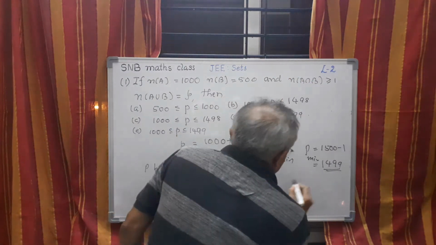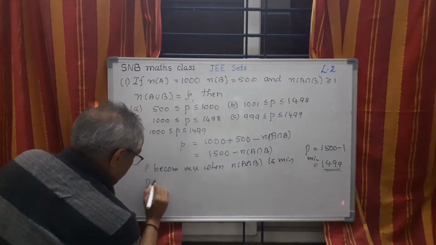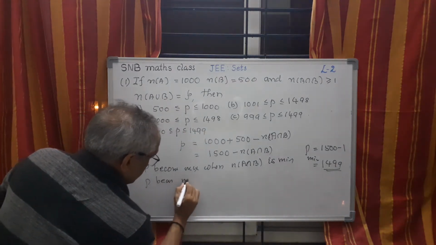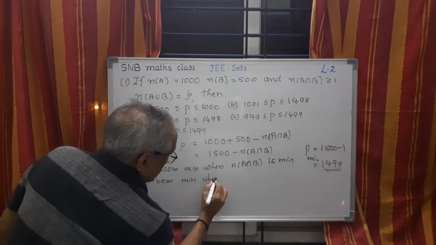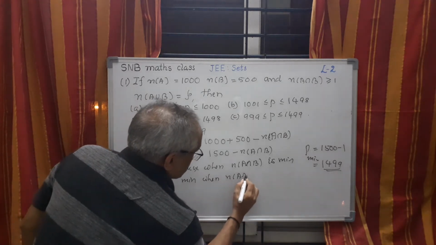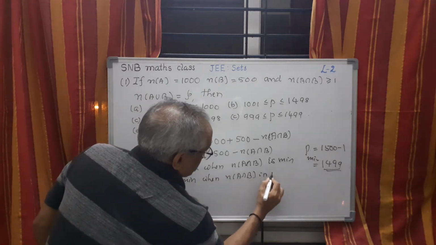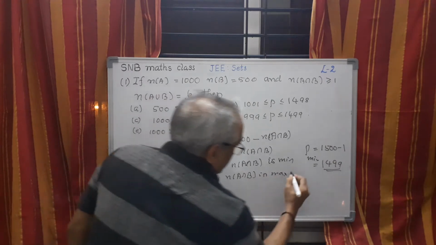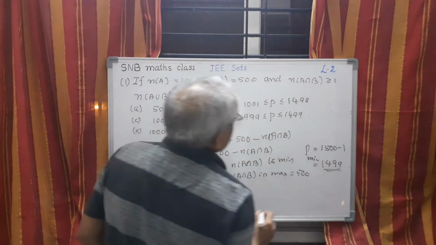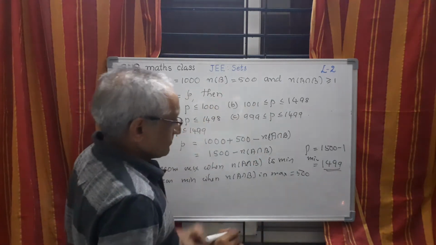Therefore, P becomes minimum when number of A intersection B is maximum, that is equal to 500, because that can be maximum this much.